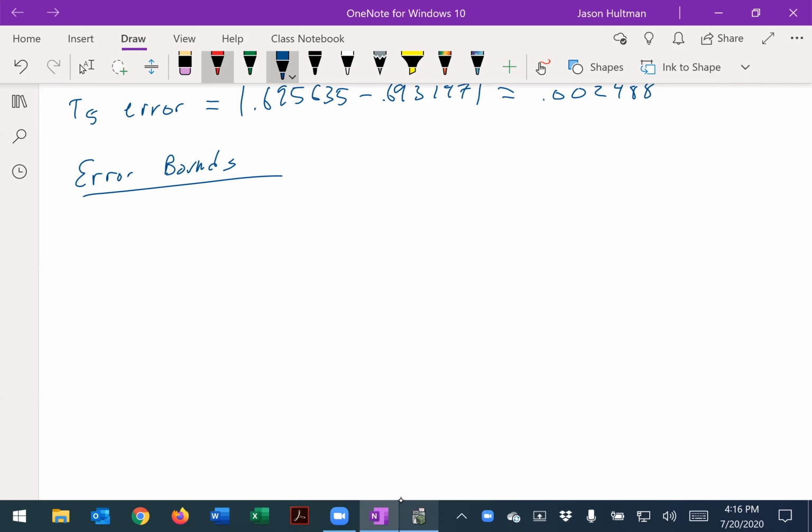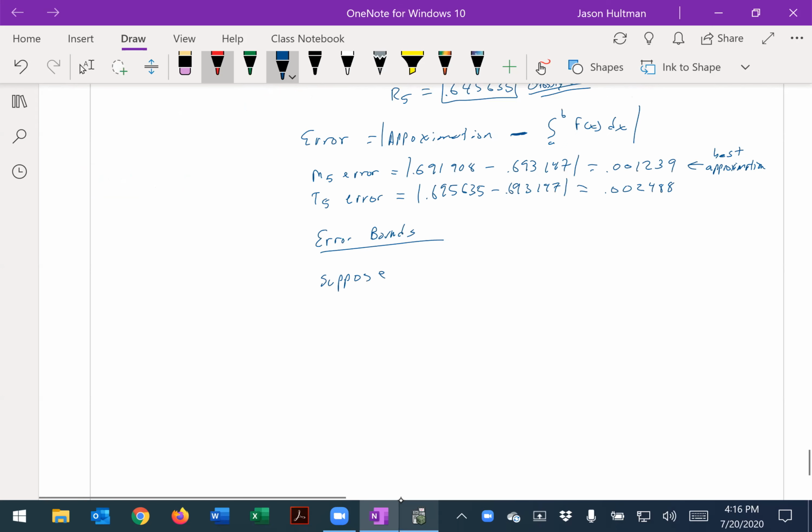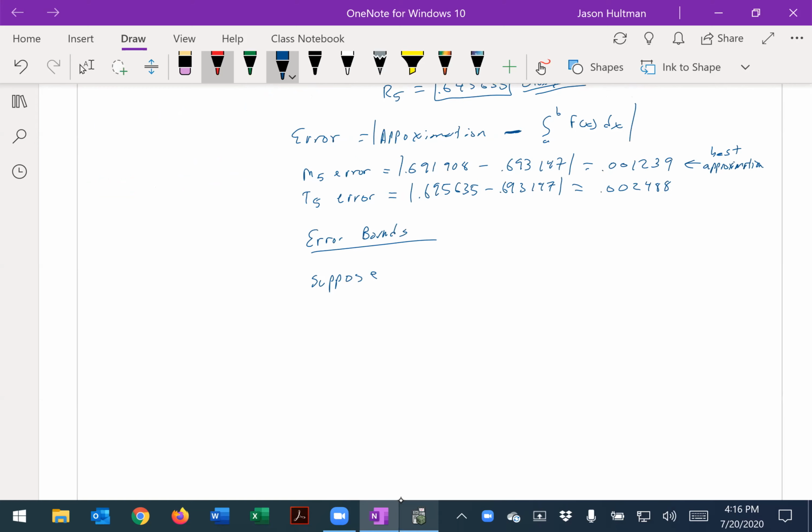Okay, let's look at the error bounds here. I need to actually zoom out here. Suppose that my eraser works. Is somebody not muted?